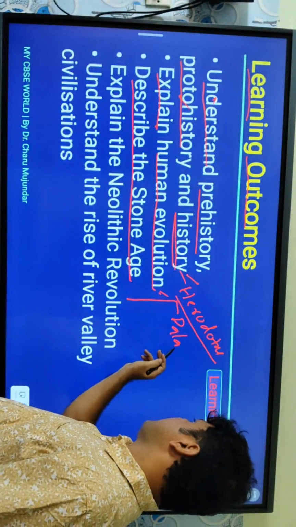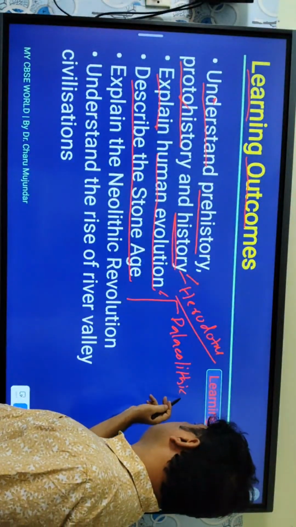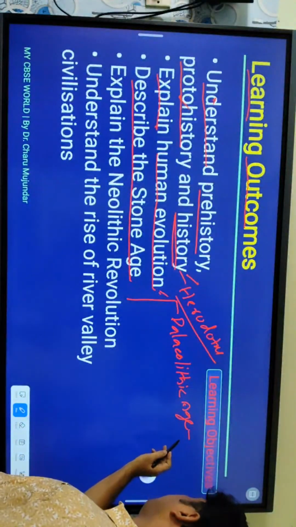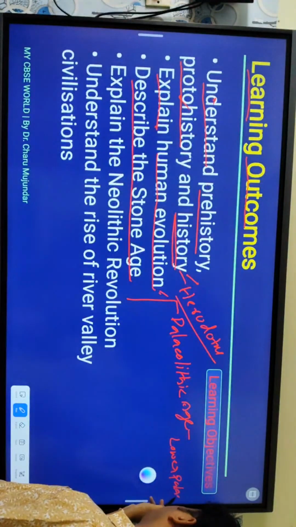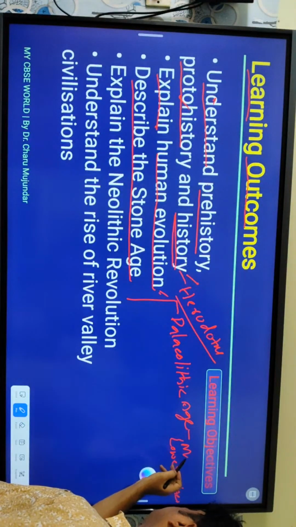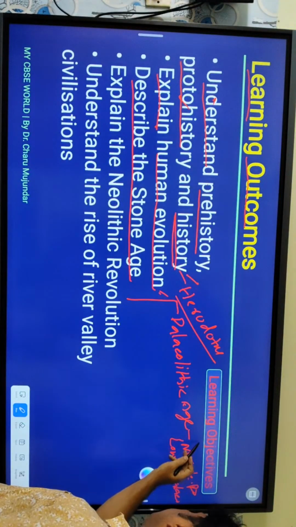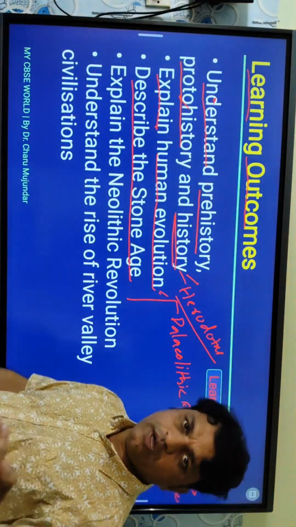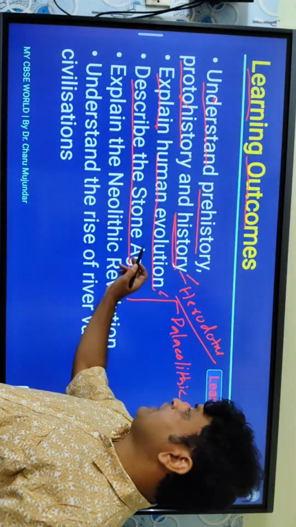The Palaeolithic age is divided into 3: Lower Paleolithic, Middle Paleolithic and Upper Paleolithic. Just remember these. We are going to discuss them.